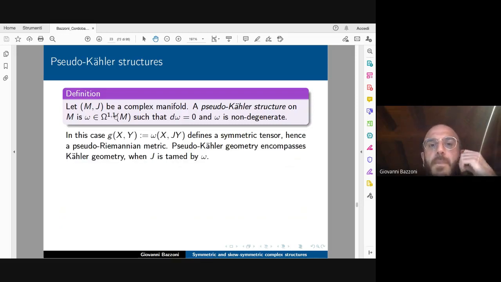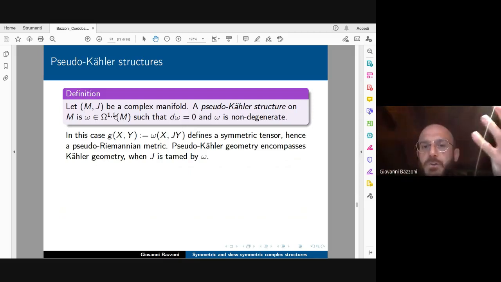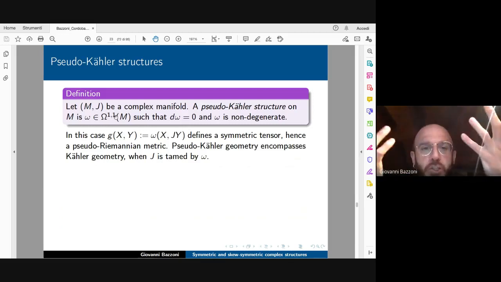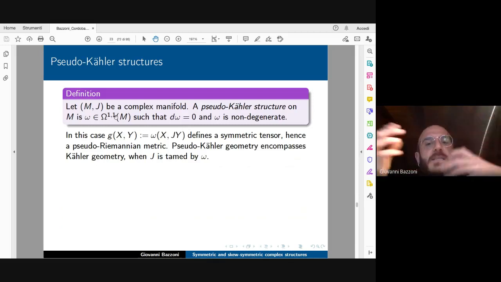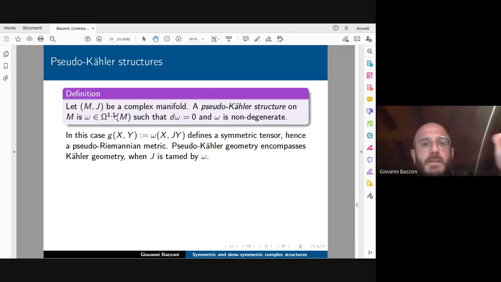Whenever you have a pseudo-Kähler structure, you can define a symmetric tensor g by this formula, and it's not degenerate because omega is not, and that's a pseudo-Riemannian metric. It's pretty much like Kähler, so pseudo-Kähler encompasses Kähler, but g doesn't need to be positive definite. The positive definiteness of g is related to the fact that J is tamed by omega, which is not necessarily true.